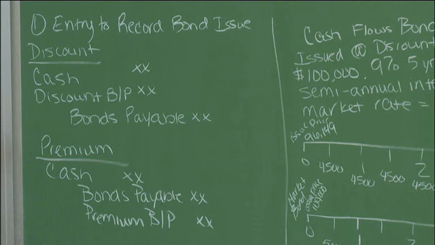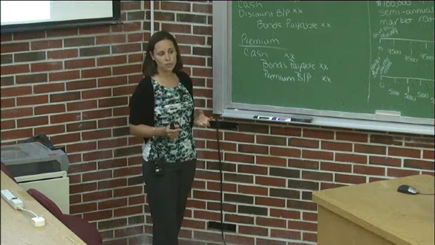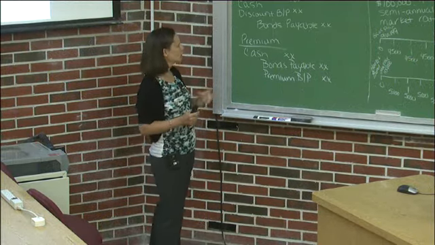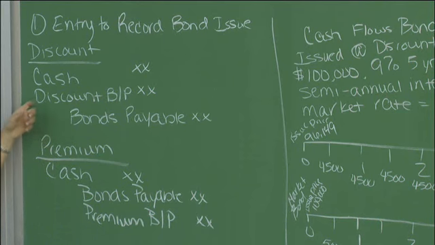Again, remember, at any time you can determine what the carrying value of the bond is. The carrying value is another way of saying the outstanding liability for the bond. In the case of a discount, that's the maturity value minus any unamortized discount, so minus the amount of discount that's currently on the books.